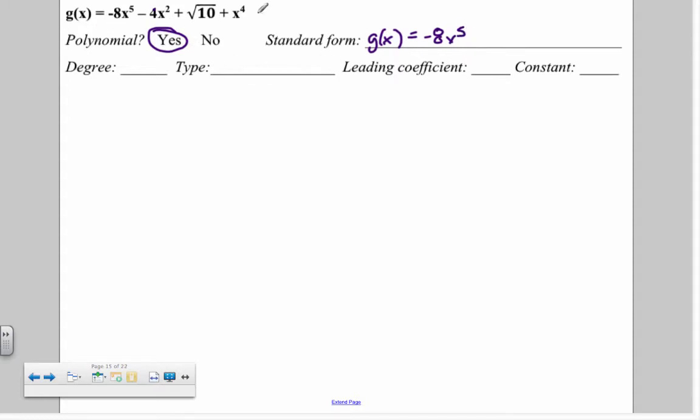That's my highest degree. And then I'm going to go plus x to the 4th. That's my next highest. And then -4x squared. And then the plus square root of 10. So now I've put this one in standard form. Highest degree, 5, 4, 2, and then 0.